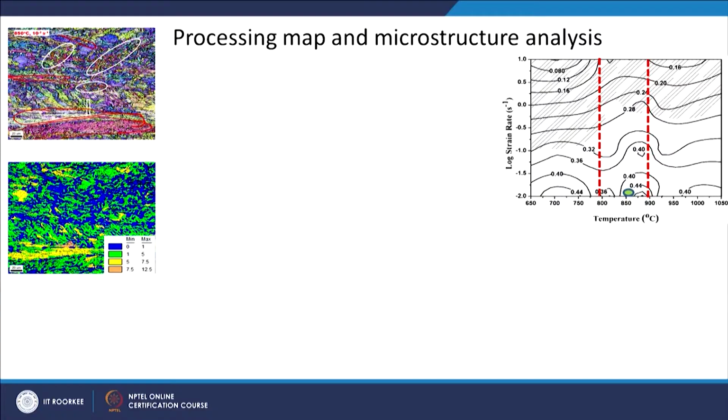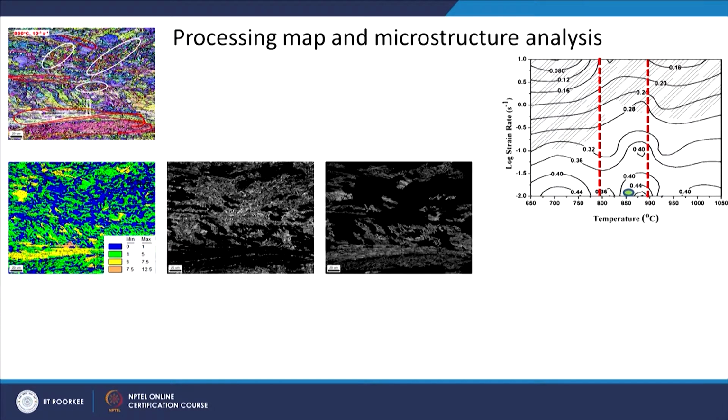To segregate that, of course, we also plotted the grain orientation spread map. So, you can see all these fine grain regions are showing low value of grain orientation spread, that means these are recrystallized grains, and all these big ones are showing higher value, that means they have not undergone recrystallization.